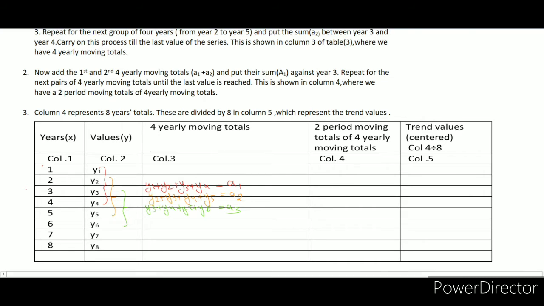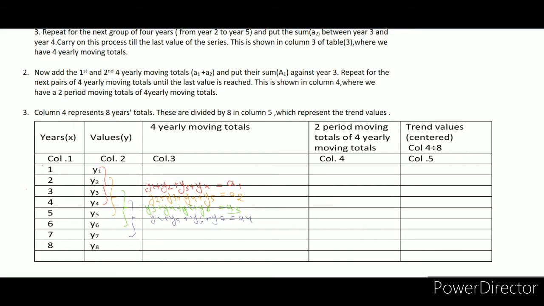Then for the next group of years, we have y4, y5, y6, y7, years 4, 5, 6, 7. The moving total of this group of years will lie in between year 5 and year 6, so somewhere here. We call the sum a4.